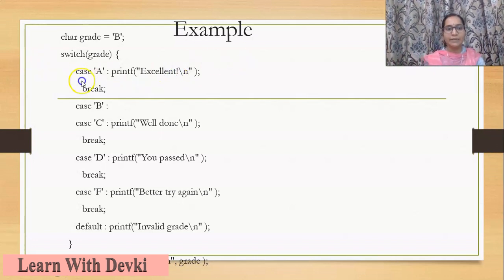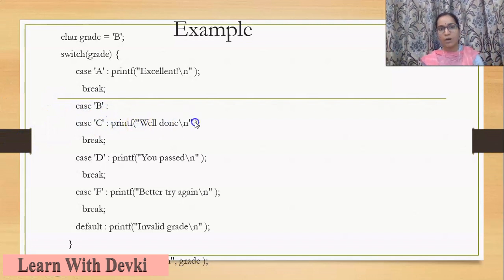Then the break statement. Now we can specify more than one case value under a single case block. For a case block we can specify multiple cases, we can combine the cases. It is possible in a switch statement.